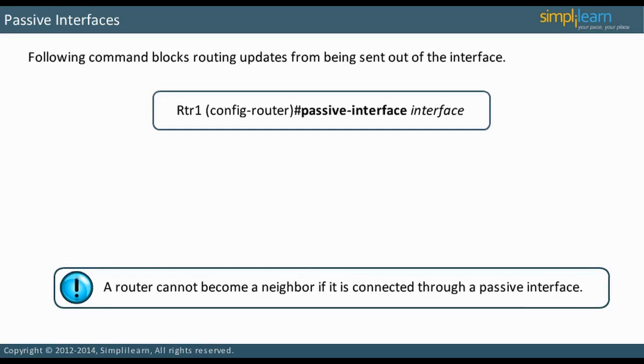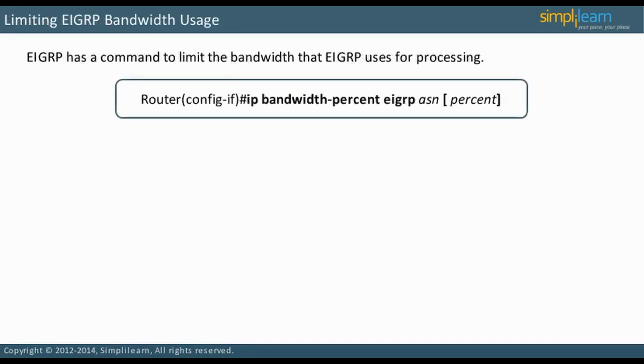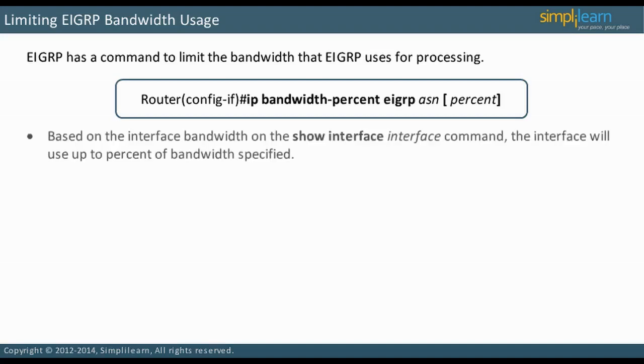Let us learn how to limit the EIGRP bandwidth usage in the next slide. EIGRP has a command shown on the slide to limit the bandwidth that EIGRP uses for processing. Based on the interface bandwidth on the show interface command, the interface will use up to the percentage of bandwidth specified.